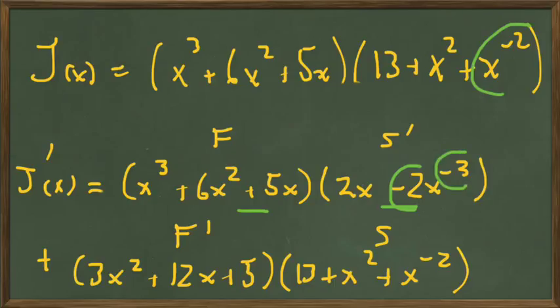And then we've got our f prime here and our s here. We could multiply these two products out, but typically we won't want to do that except in certain special cases.